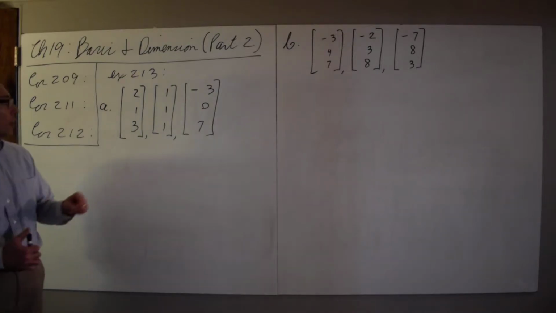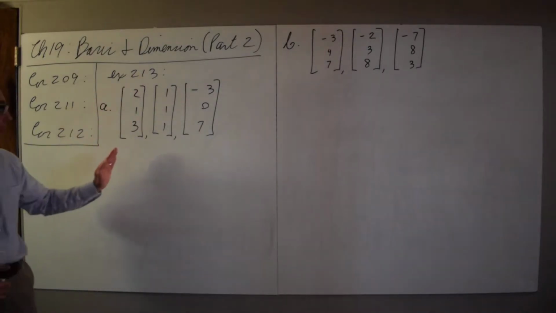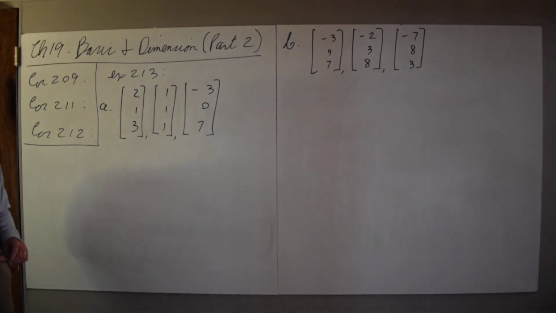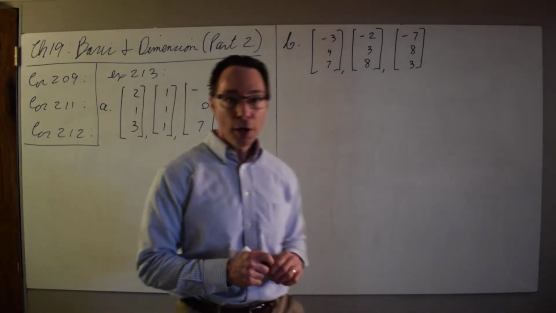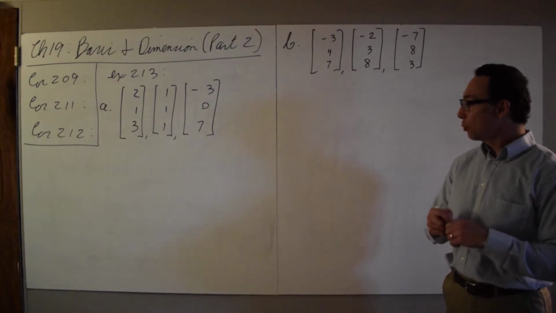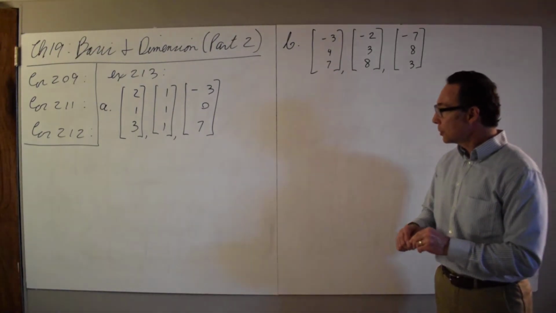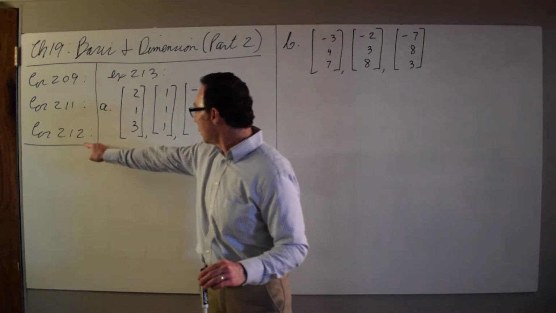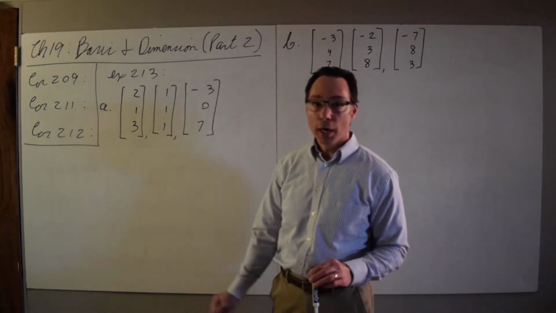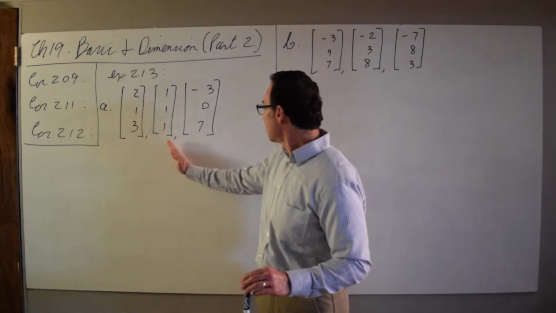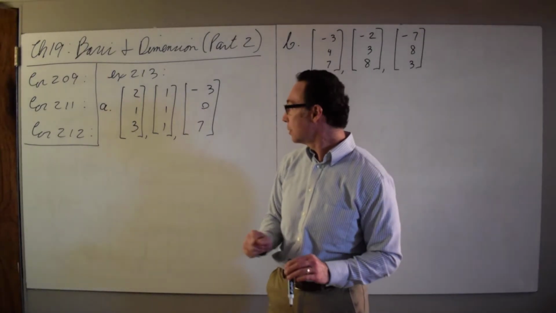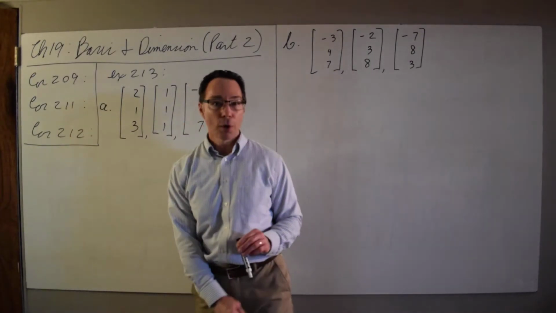Example 213a asks us, do these three vectors form a basis for R3? Now, we already know that R3 has dimension 3, so all we need to answer is, is this a spanning set? If it is, we can use corollary 212. We can also ask, is this set of vectors linearly independent? And if it is, we can use corollary 211.